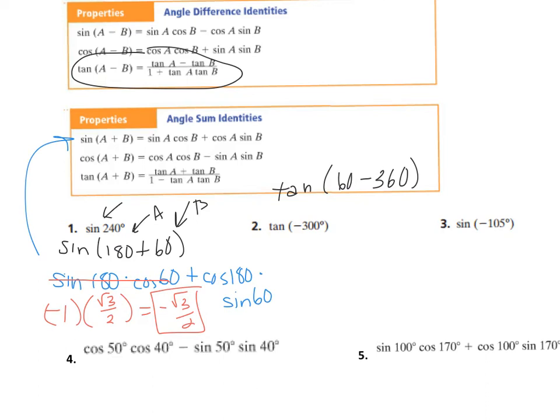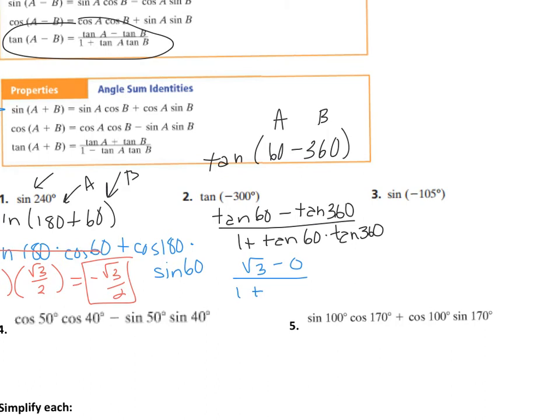So I'm going to write that as tangent, this is my A, this is my B. So it's going to be tangent of 60 minus tangent of 360 over 1 plus tangent of 60 times tangent of 360.